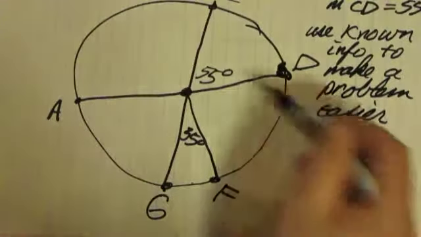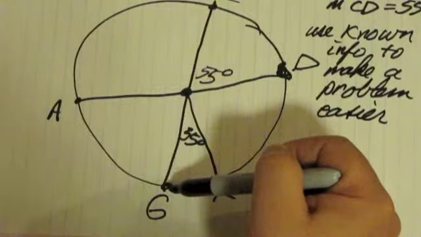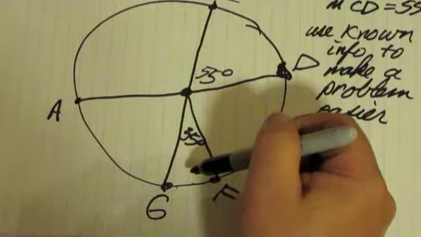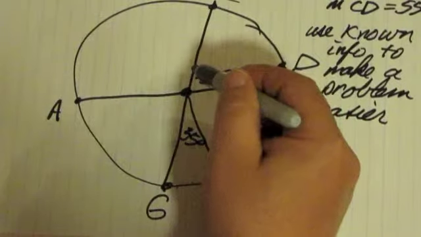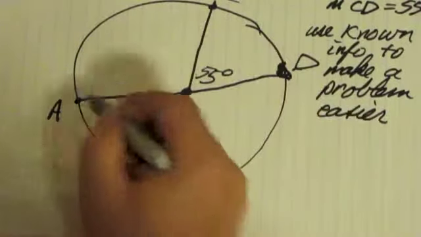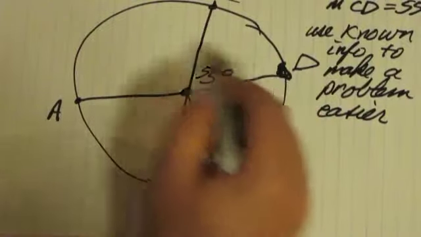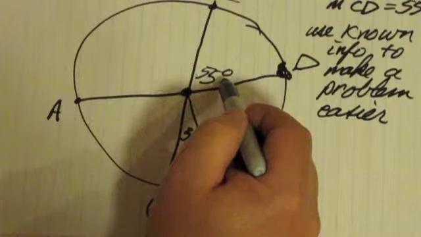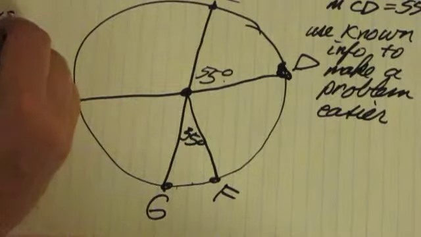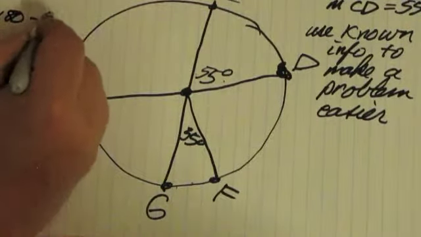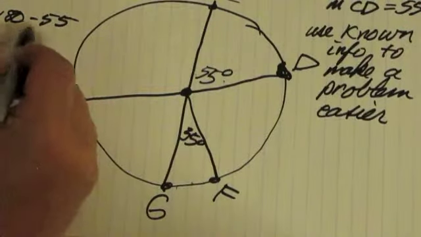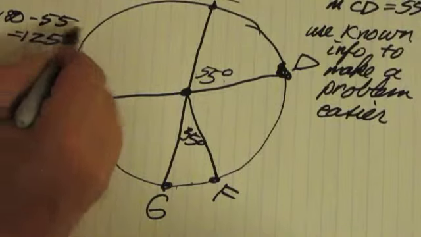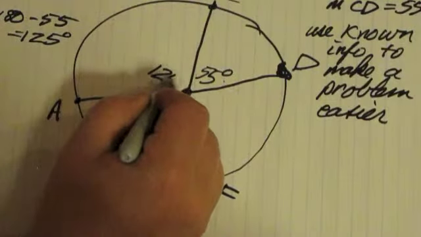And what I know is that a semicircle is half a circle, and so half of 360 for the angles is 180. So when I look at AD, this semicircle on top is 180, but I already know 55. So if I take 180 minus 55, that will give me 125 degrees. So that is this angle.